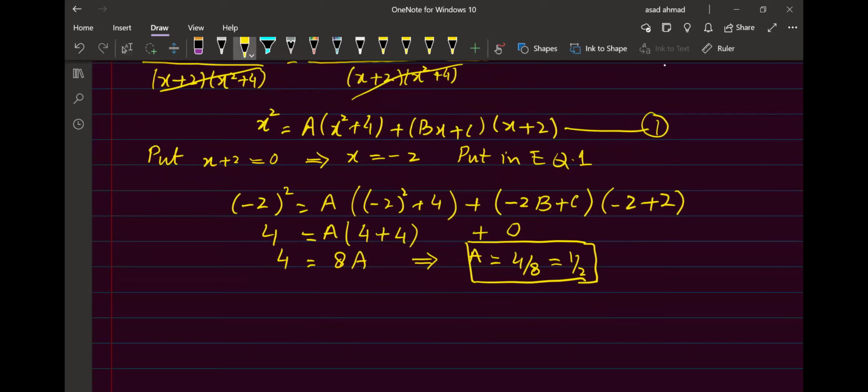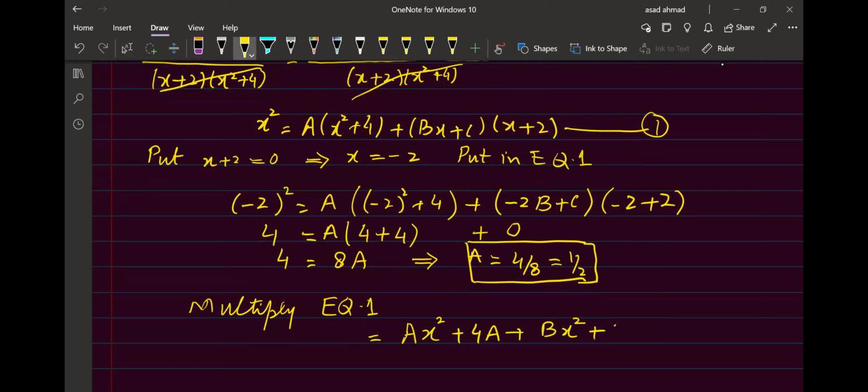We will multiply out equation 1, so the expression will become Ax square plus 4A, plus Bx square plus 2Bx, plus Cx plus 2C.